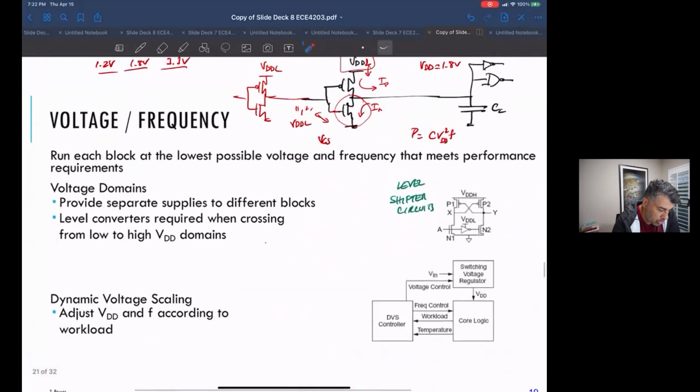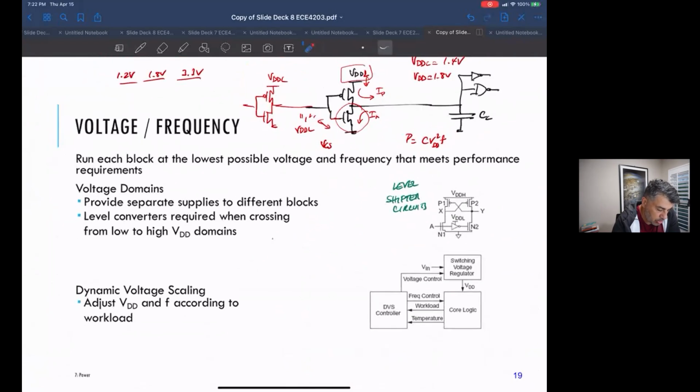Really good approach in terms of using different voltage domains, but you've got to be careful, just like the clock gating. And then this is really for the advanced people. You see it a lot now in processors, etc., where you actually have something that's actively controlling the supply voltage.